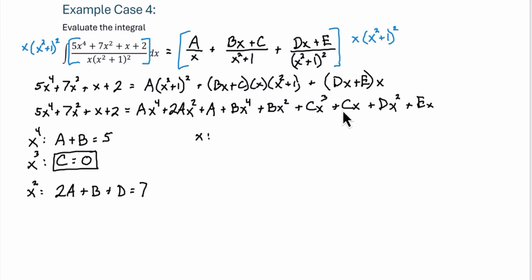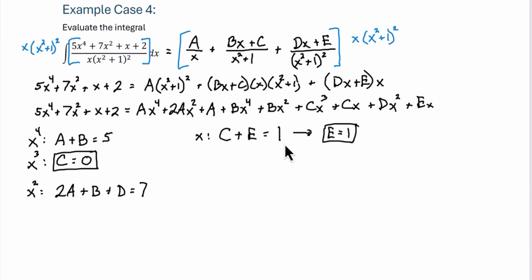We have cx plus ex, so c plus e is equal to the coefficient of x on the left, which is 1. We know that c is 0, so that tells us right away that e must be 1.